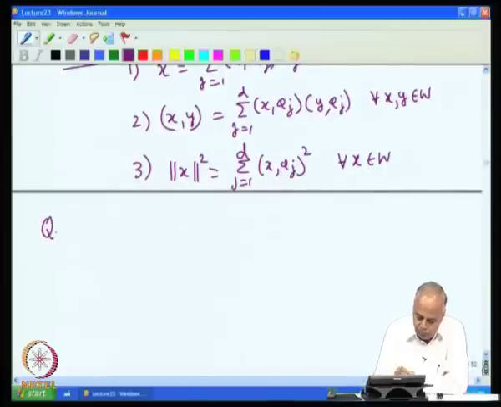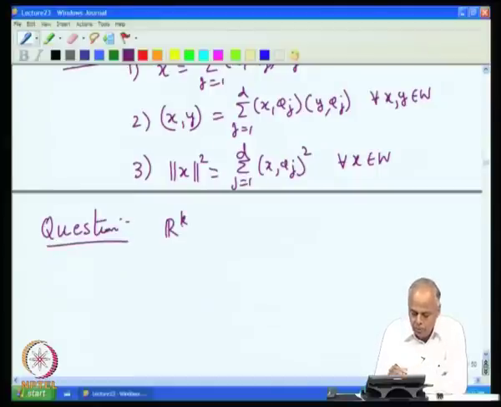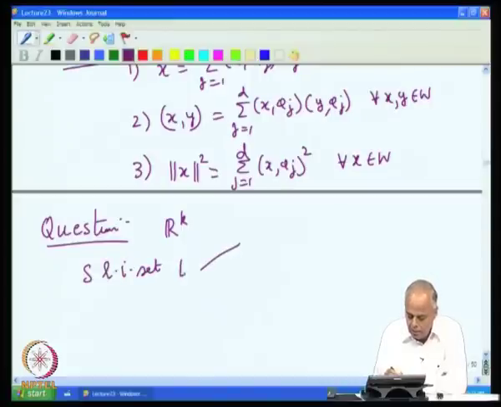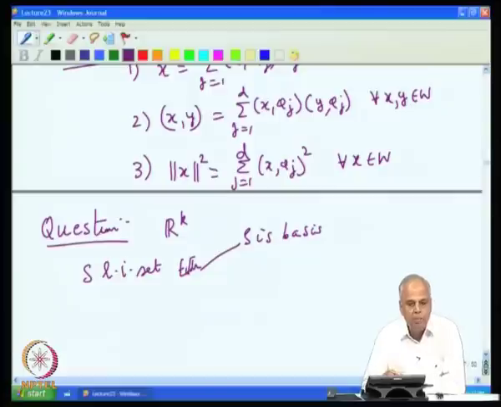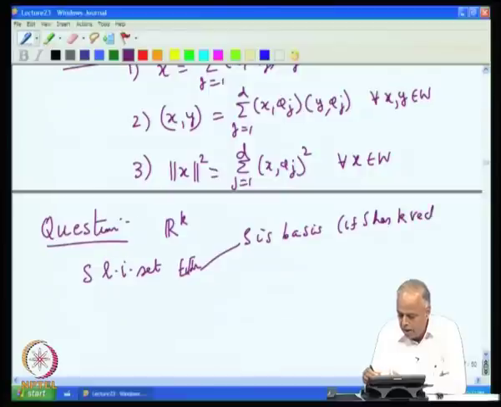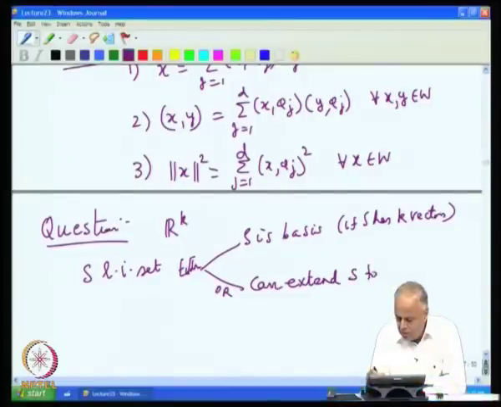Now, we raise a question. We have R k, and we have a linearly independent set S. We saw that either S is a basis, which will happen if S has k vectors, because any k linearly independent vectors will form a basis, or we can extend S to a basis for R k.